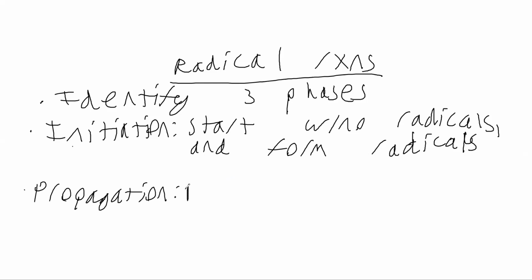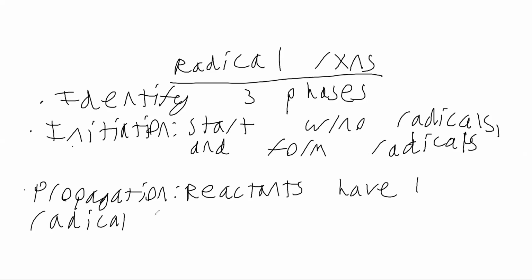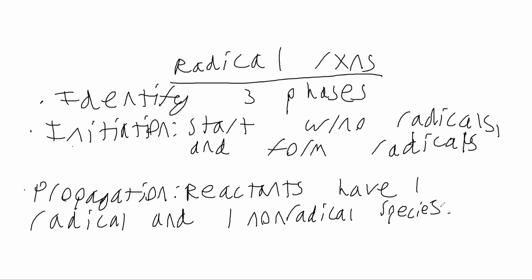And then there's propagation, where the reactants have one radical and one non-radical species. And products lead to new radical species forming.